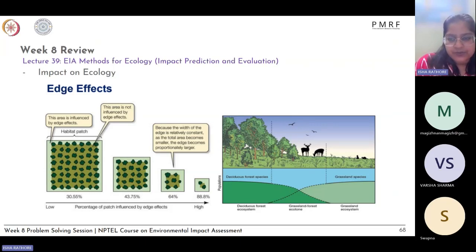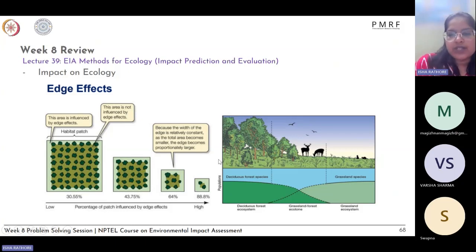So this edge is there because the pattern, the habitat changes. So they give like a buffer area, basically. As you see the habitat size reducing, you see that the percentage of the edge effect increases, because the edge is going to be the same, but the habitat size, that is this green area in which you find mostly the species which are present, gets reduced.